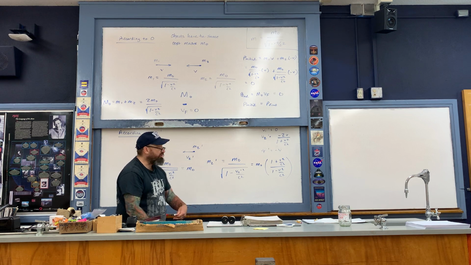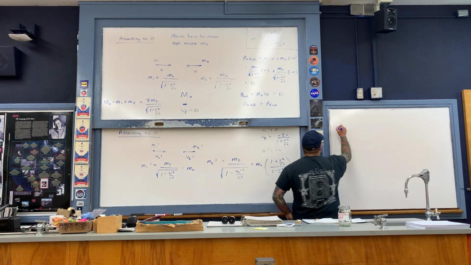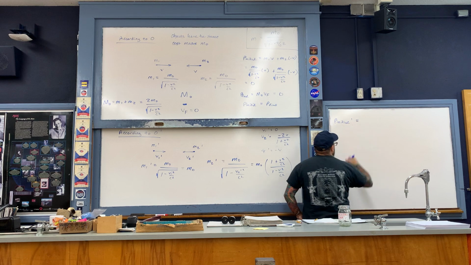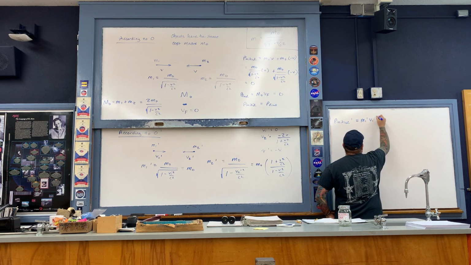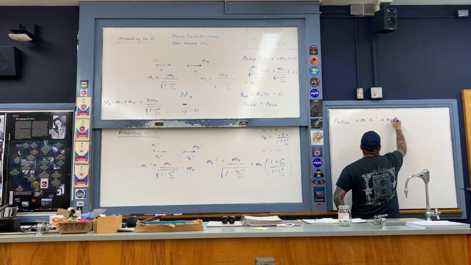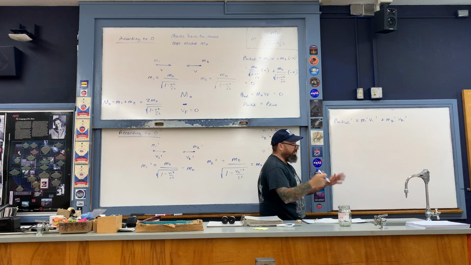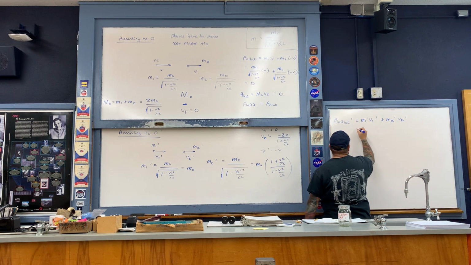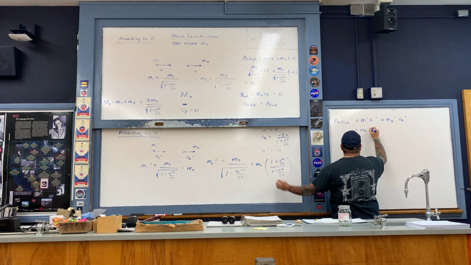Okay, now on the far right-hand board, let's total up the initial momentum of the system, that is, prior to the collision according to this moving observer O prime. We'll call this P initial prime. P initial prime is going to be M1 prime V1 prime plus M2 prime V2 prime. Now let's plug everything in. M1 prime is little m naught times V1 prime, which is equal to 0.